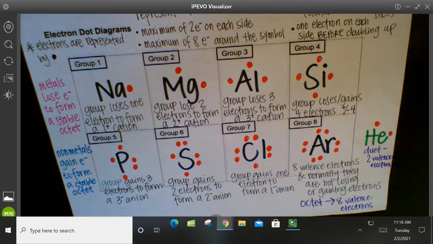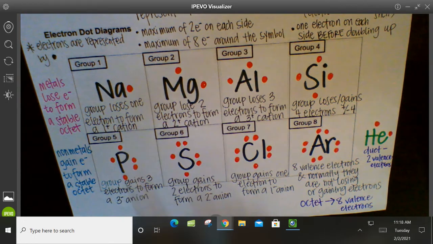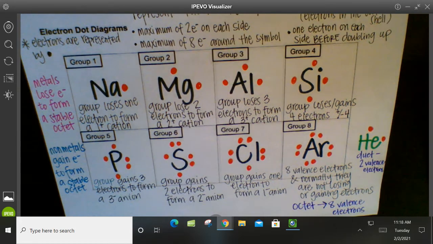All right, and here's the wonderful thing about this electron dot diagram handout that you have here, and it is now completed for you guys. This applies to all of the elements that are in this group. So it doesn't matter if I give you lithium, if I give you potassium, if I give you rubidium, whatever I give you, if it falls under group 1, it has 1 valence electron, and when it forms an ionic bond, it's going to lose that valence electron, okay, to form a 1 plus cation. Same thing with group 7.